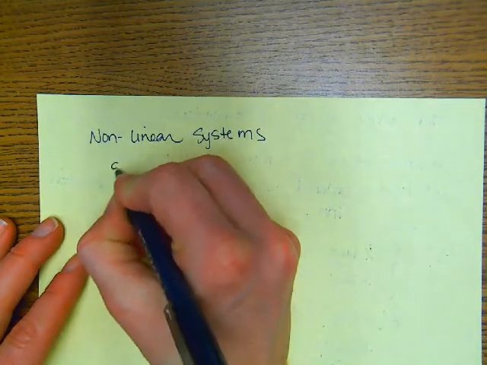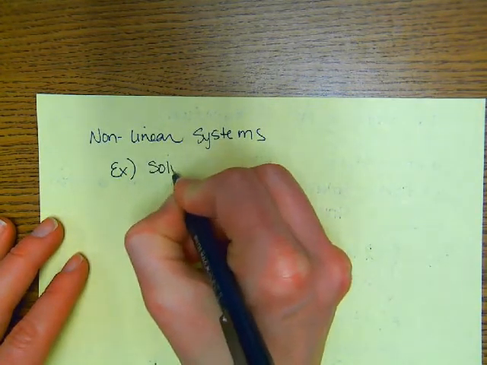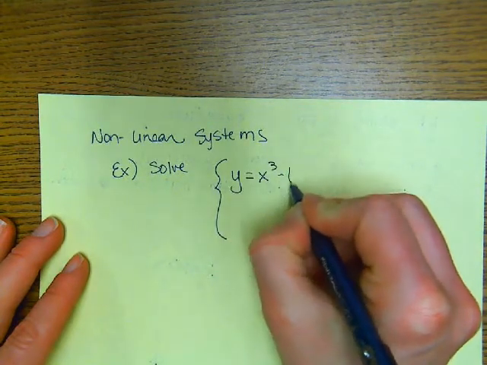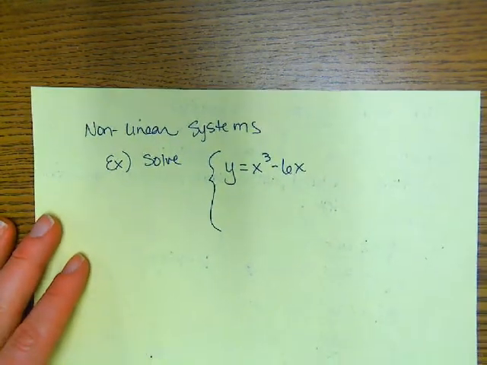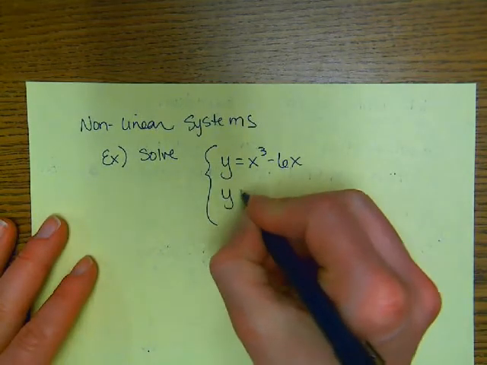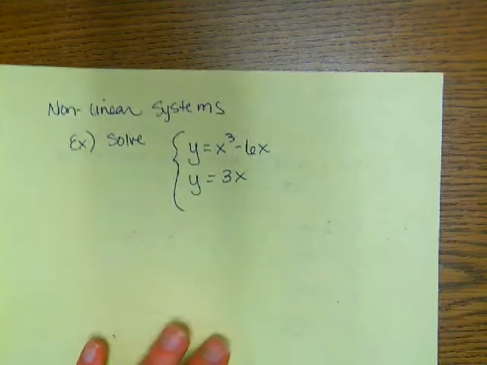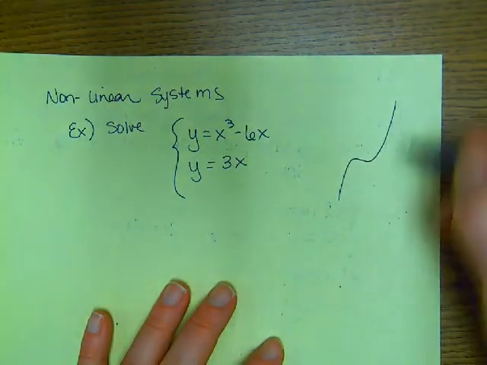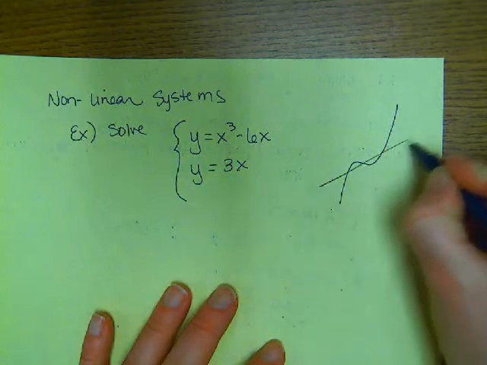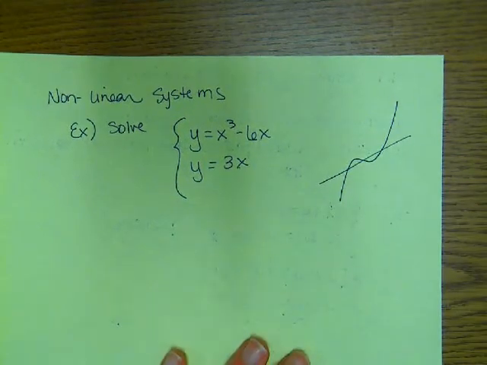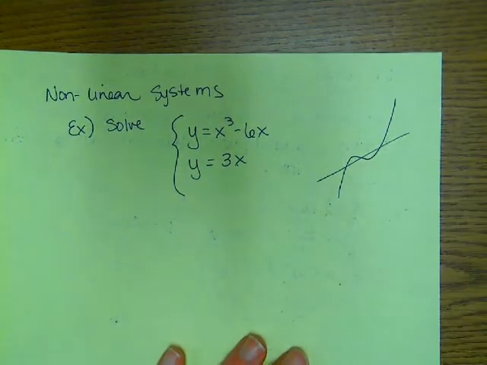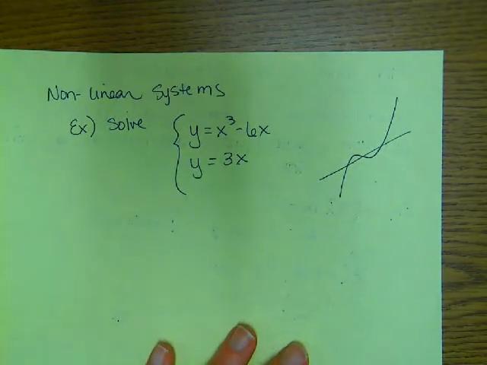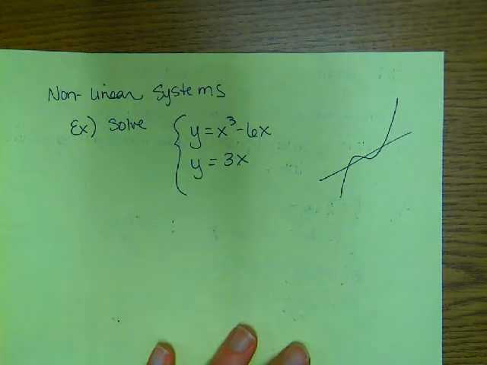So if I were asking you to solve the system y equals x cubed minus 6x and y equals 3x, just from my knowledge of functions, a cubing function looks like this and a line looks like this. It is possible that these meet in 3 spots. Now, they don't have to, but it's possible. So nonlinear systems are going to have more than one solution, potentially.